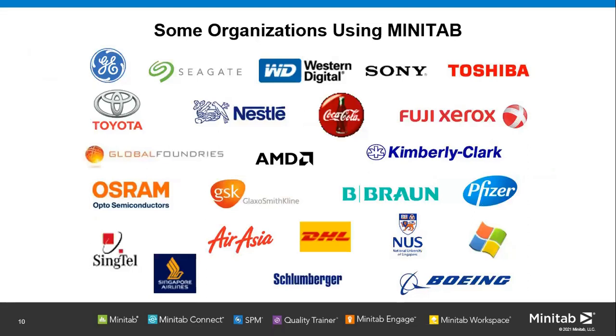Since we have covered almost all types of analysis, our customers also come from various sectors: manufacturing, which is a big field, with electronics, automotive, and so on. We also cover the services industry, and the academic sector.